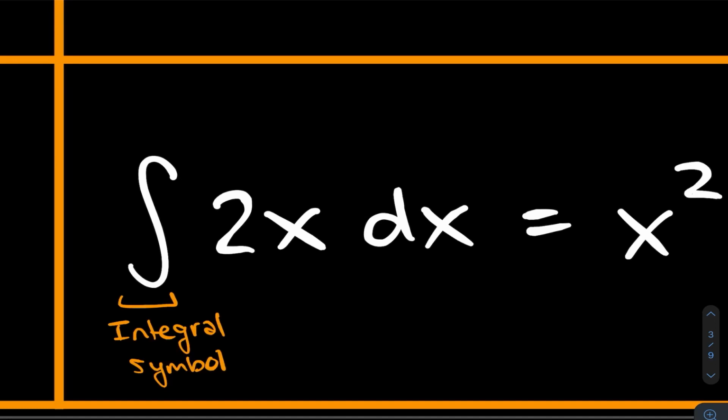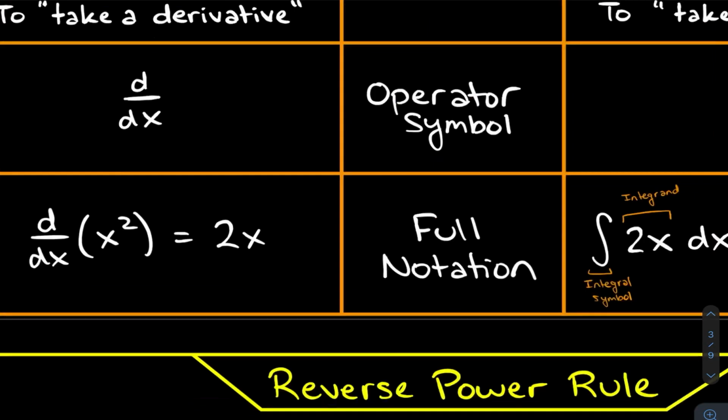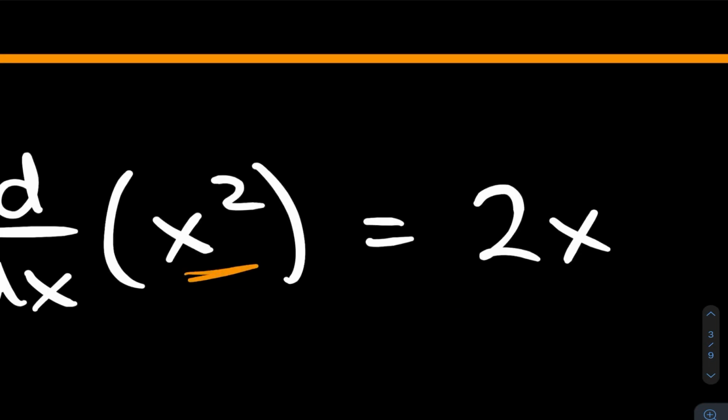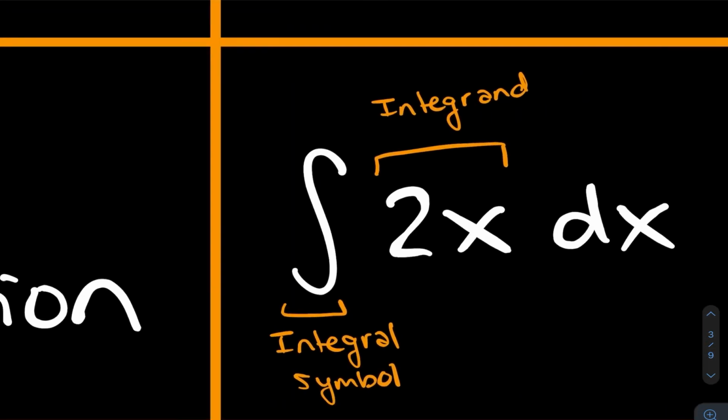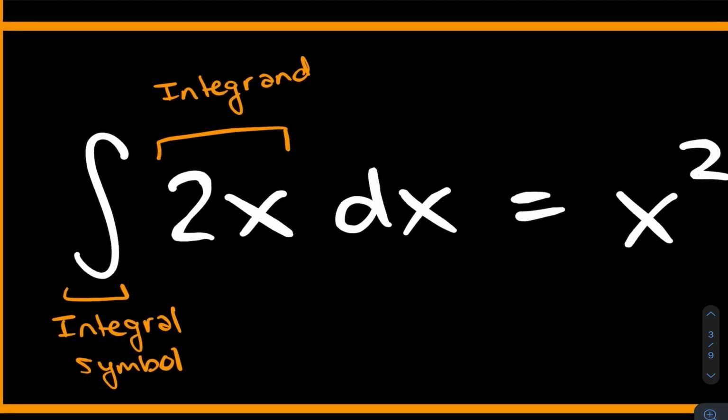Now the thing that is smushed in between the integral symbol and the dx, I'm talking about this 2x right here, we call that the integrand. It's the thing that you are integrating. That's the equivalent of this x squared here. That would be the equivalent of the integrand. And then you have this dx over here.